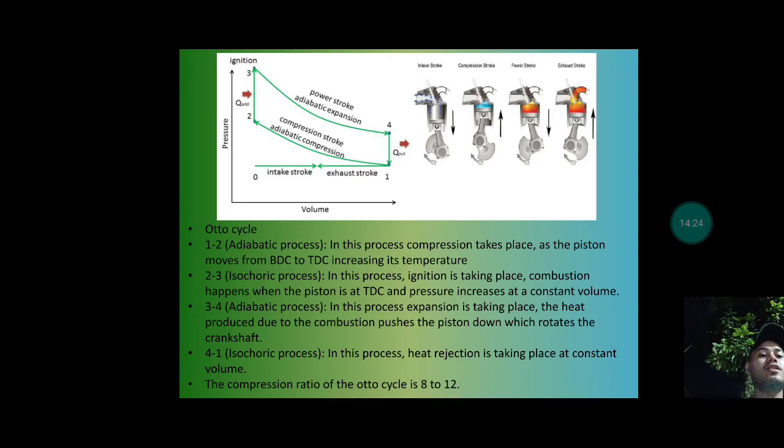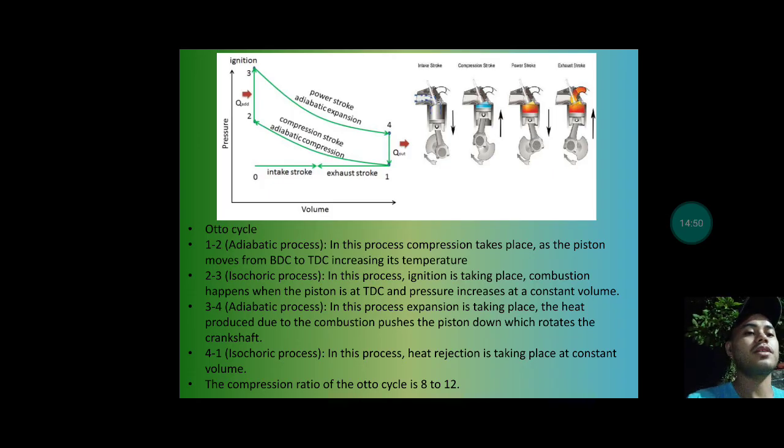Heat rejection is taking place at constant volume, and then as the piston goes upward, 1 to 0, more of the exhaust is removed from the combustion chamber, and then it will start again back to the intake stroke. So it is a cycle.